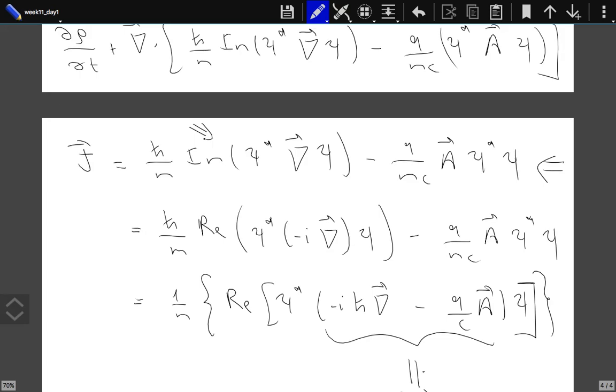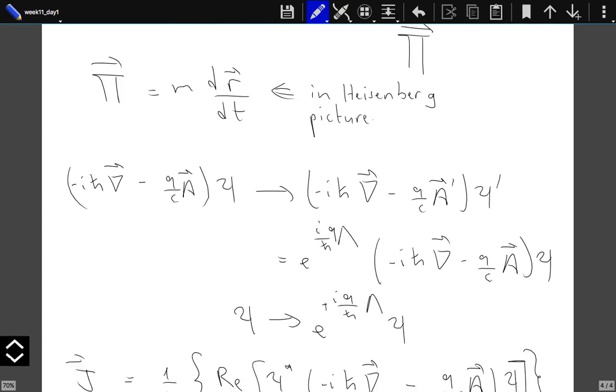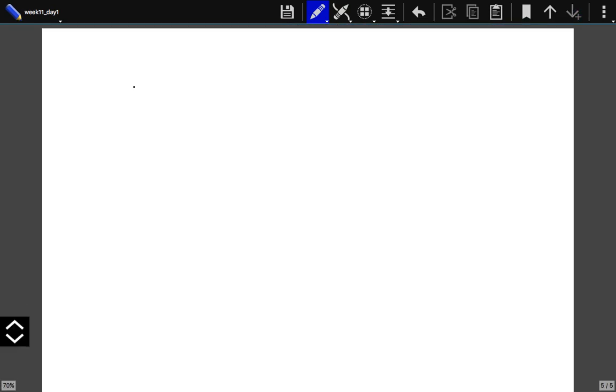Just like its change with time, rho is something that we can indirectly at least determine, so it should definitely be gauge invariant. Its change in time should also be gauge invariant. So it's something you measure, and something you measure doesn't depend on your choice of gauge. So this should be gauge invariant, and hence, if we are to identify something like the probability current, it should also be gauge invariant.